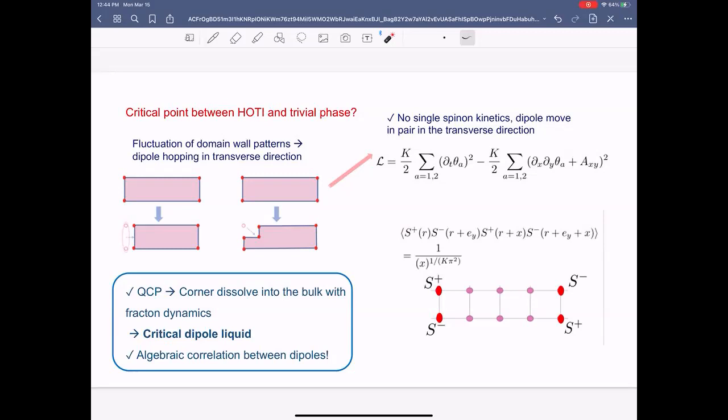Instead, since a pair of spinons, something like a dipole, can fluctuate along the 1D stripe, if we measure the correlation function between two spinons, actually two magnons, which are spatially separated along the x bond, and measure their correlation function along the transverse direction with large spatial separation, we will find this full spin correlation function, or the magnon dipole's correlation function, has a power-law decay at a quantum critical point.